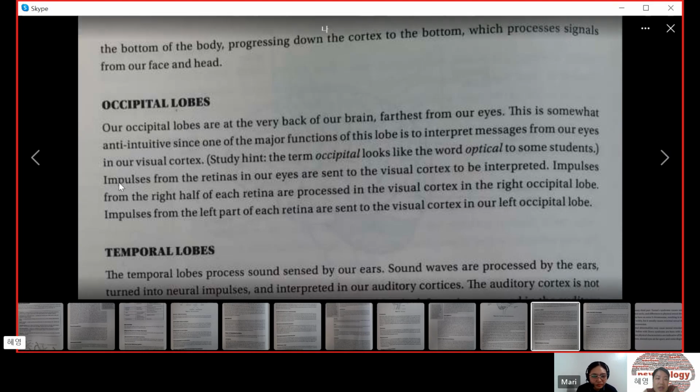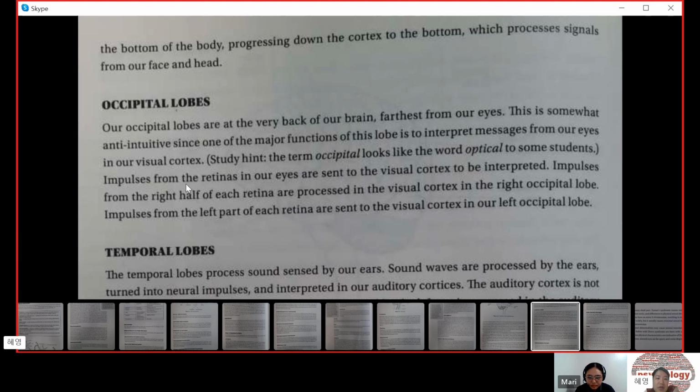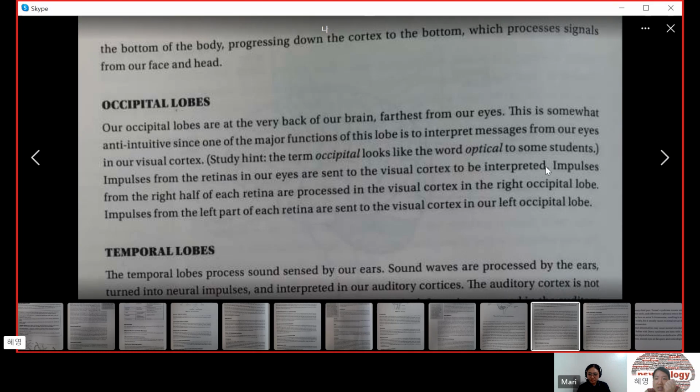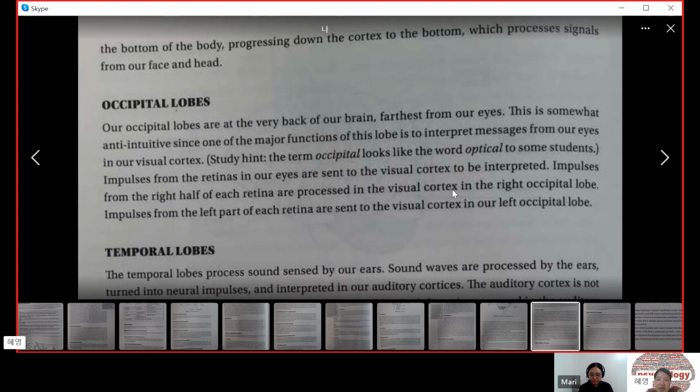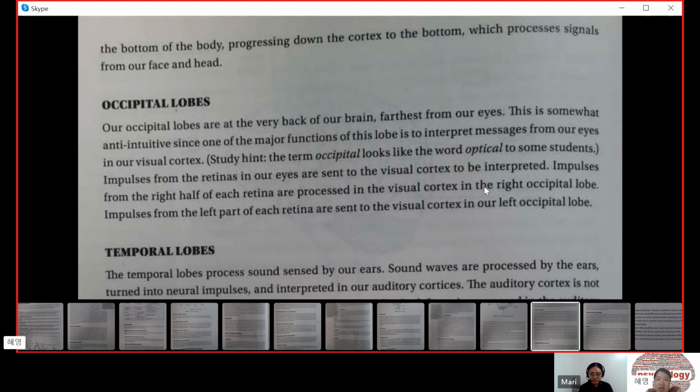So, impulses from the retinas in our eyes are sent to the visual cortex to be interpreted. Impulses from the right half of each retina are processed in the visual cortex in the right occipital lobe.